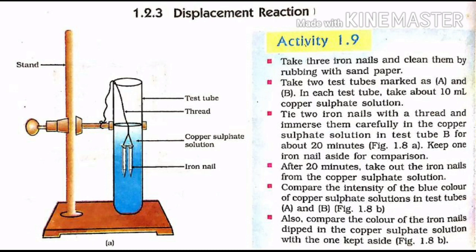After 20 minutes, take out the iron nails from the copper sulfate solution. Compare the intensity of blue color of copper sulfate solutions in test tube A and B. Also, compare the color of the iron nails dipped in the copper sulfate solution with the one kept aside.